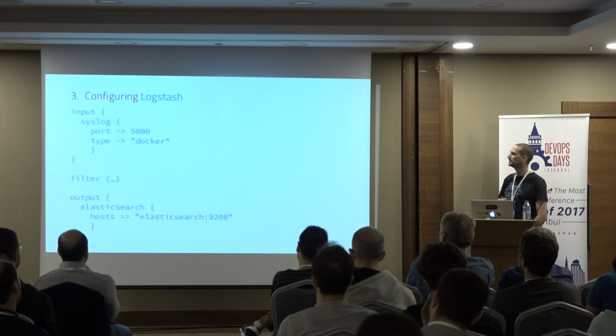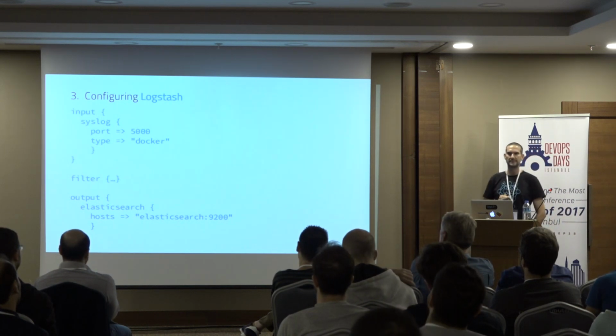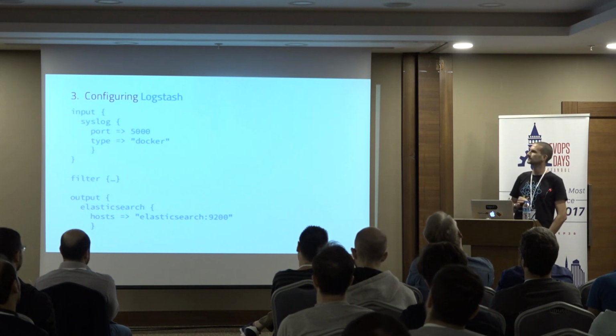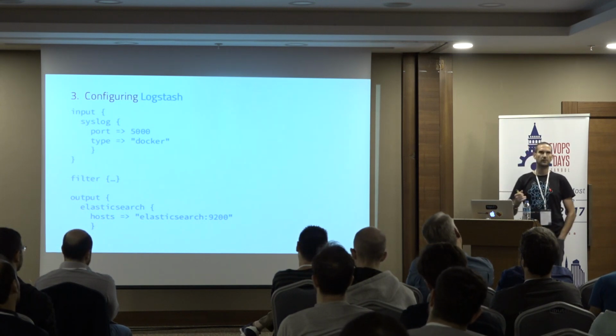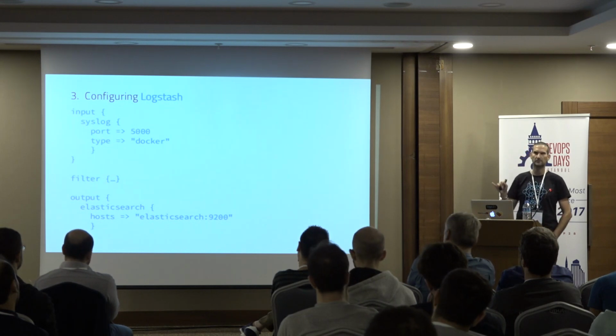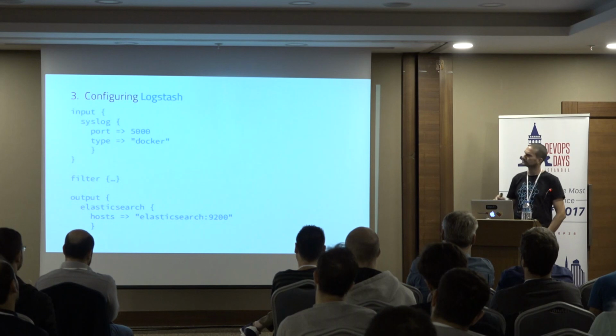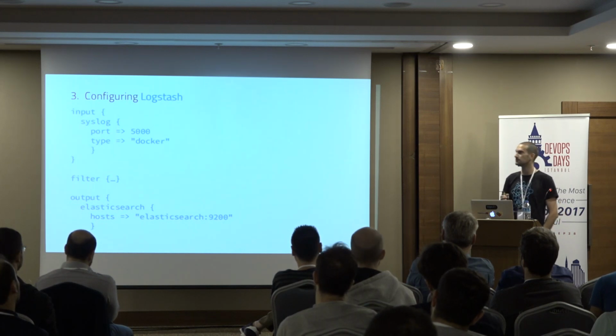like Docker. So in Logstash, there are 3 main configuration sections in your Logstash configuration file, where you're inputting the logs from. Okay, in this case, we've got the syslog input plugin, but there's over 100 different input plugins that you can use. If you're using Filebeat, for example, you'd use the Beats input plugin.